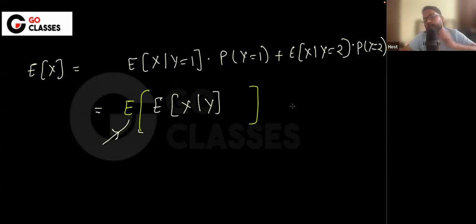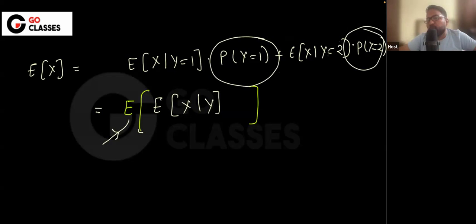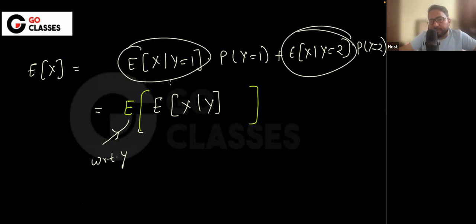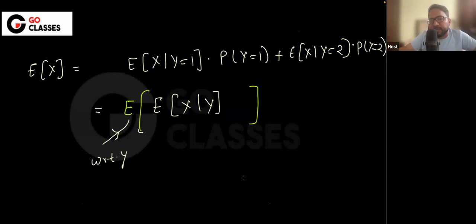You made it a short formula, but this is with respect to the probability distribution of y. Here y is changing, so this is with respect to y. This is the same expectation. Here, y is fixed.